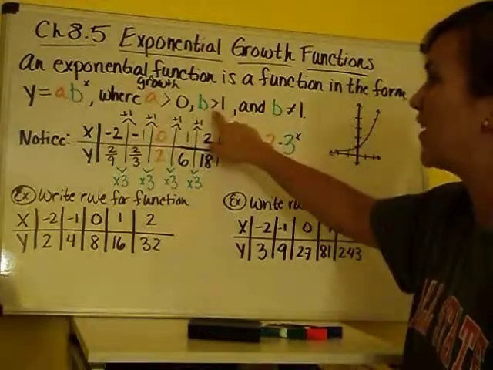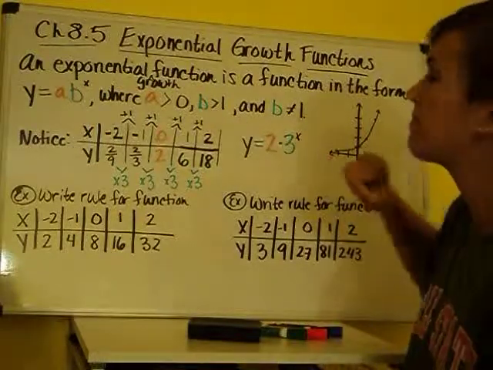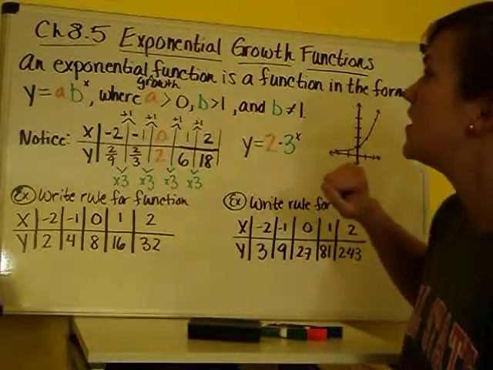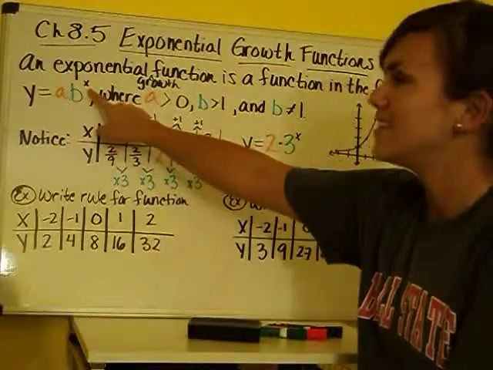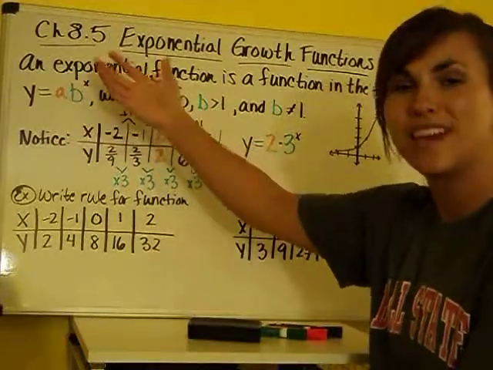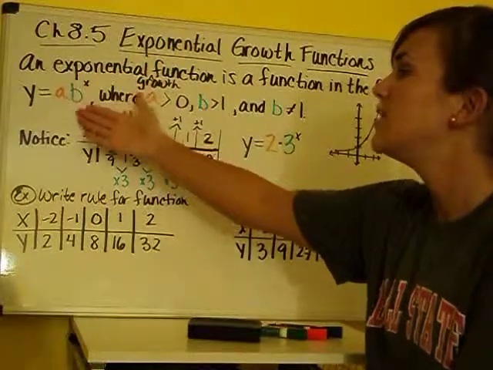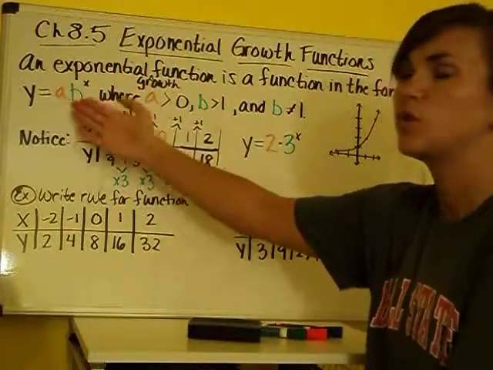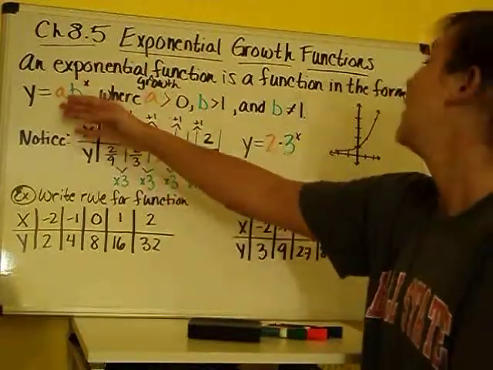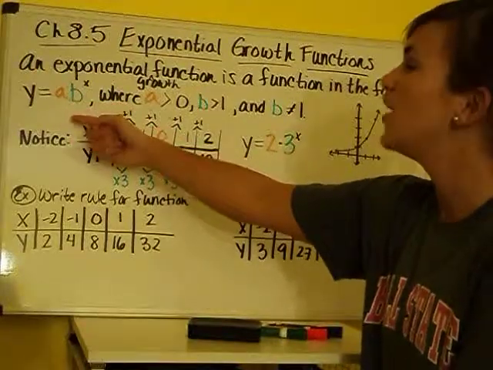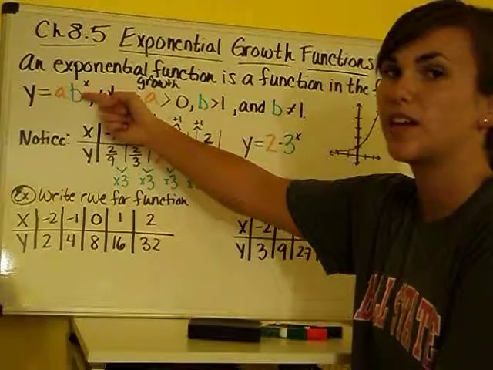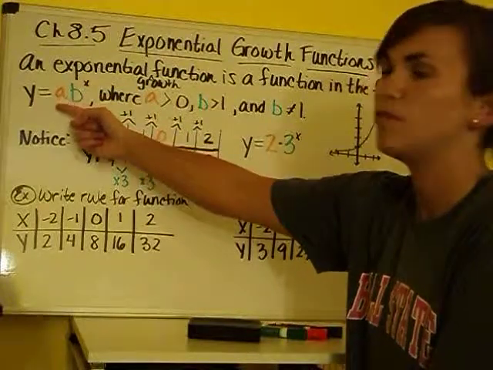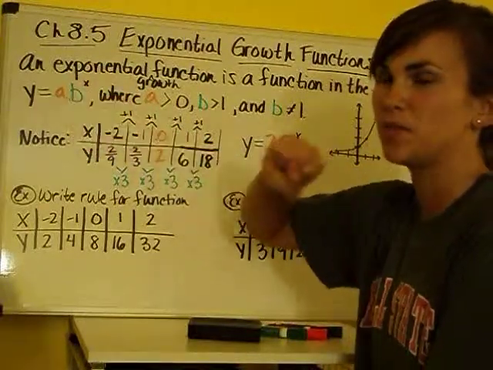Now, looking at order of operations, our input is in the exponent. So if we were making a table using this function, which we will get to in part 2, we would first do b to the exponent, then multiplication. So exponent first, then multiplication.